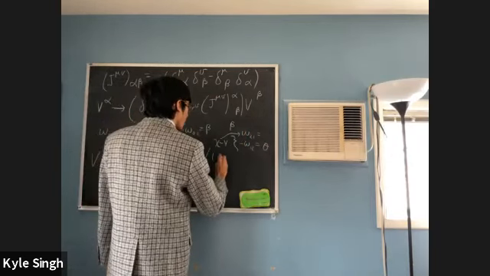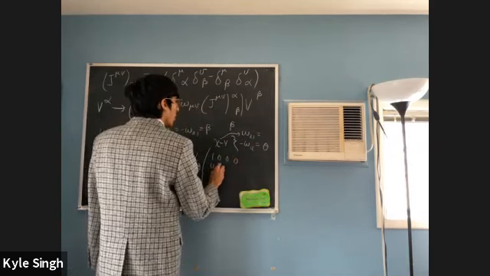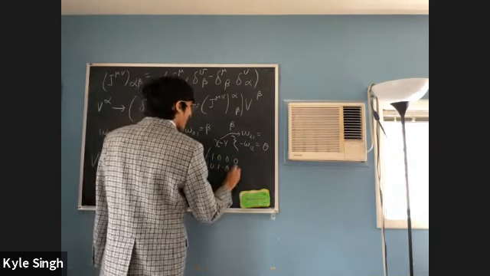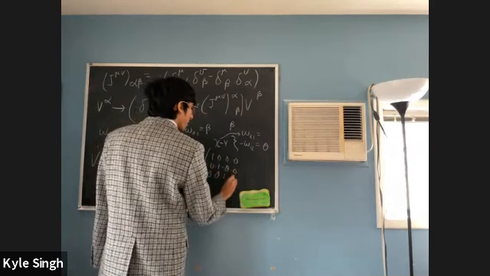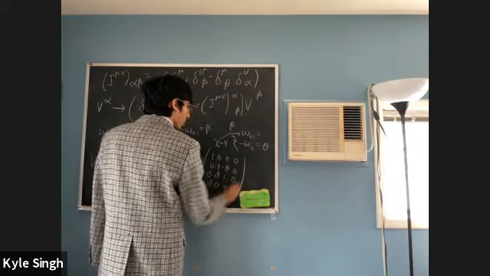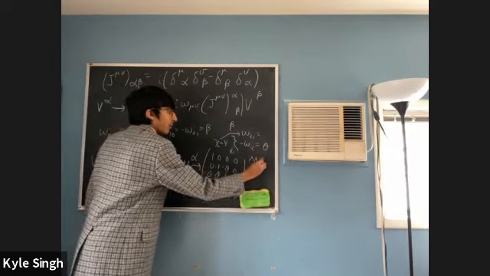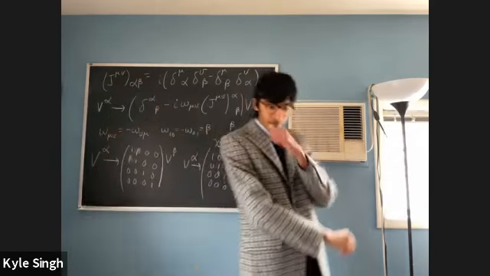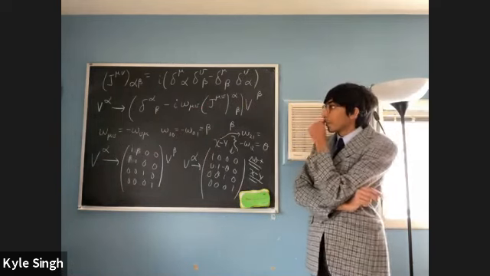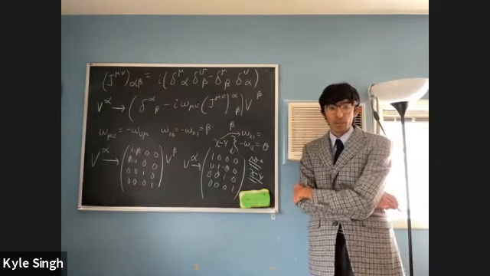And you would get 1, 0, 0, 0, 0, 1, minus theta, 0, 0, theta, 1, 0, 0, 0, 0, 1. Okay, that would be a rotation in XY. Also, this is a representation, a finite dimensional representation of the Lorentz group.